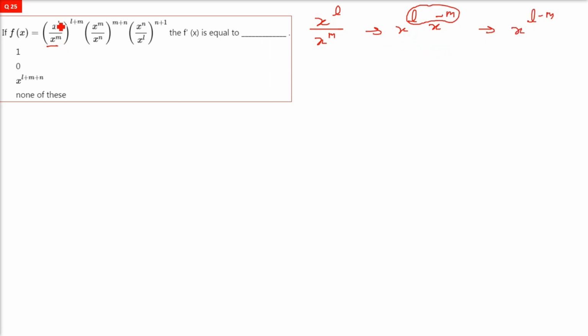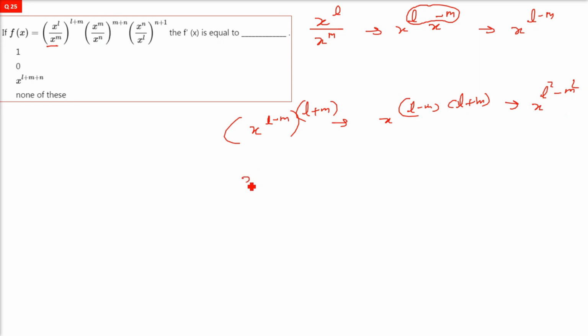You add the powers of the same base. So this will be for the others also. The first one will be x to the power l minus m. Now you have l plus m also. And when you have these two, it is basically x to the power l minus m into l plus m. That is a plus b, a minus b, so it will be a square minus b square. That is l square minus m square you will get. So for the first term, you will get x to the power l square minus m square.